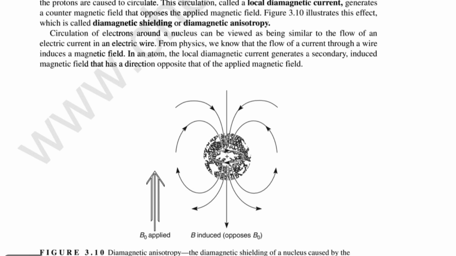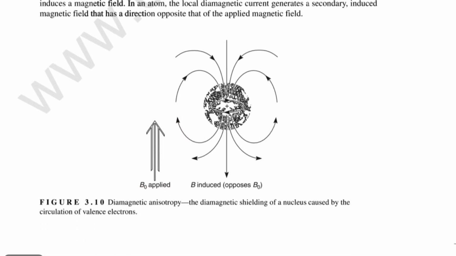Why is it important? This induced magnetic field will oppose the applied magnetic field. What we can deduce from this analogy and diagram is that whenever the applied magnetic field strikes a proton, the electrons produce their own induced magnetic field, and its direction is always opposed to the applied magnetic field.